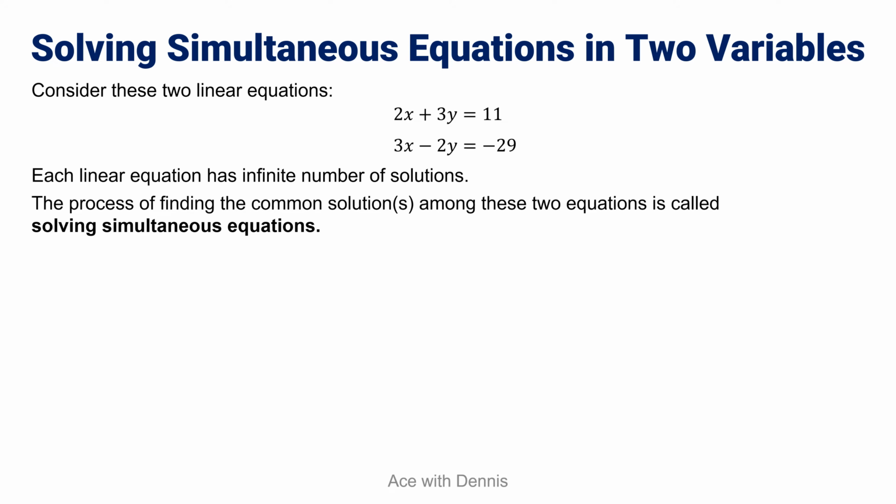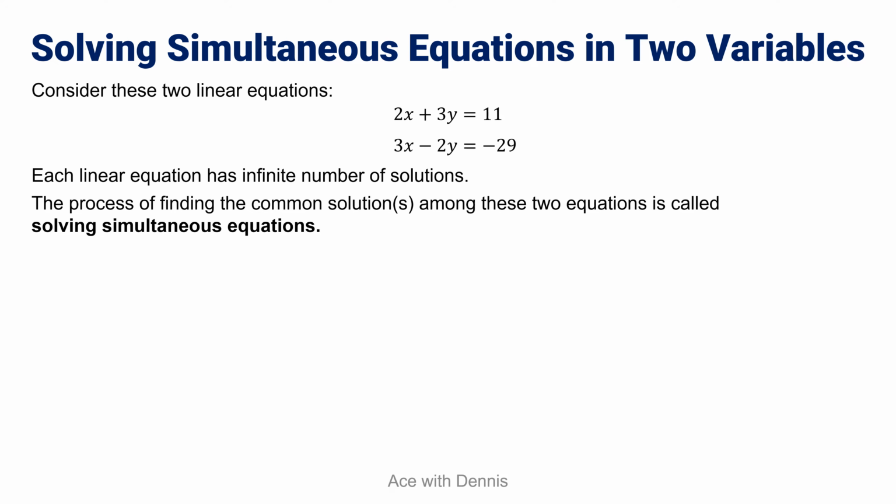Recall that in lecture 18, we solved simple linear equations in one variable, as you can see from the title of the lesson. If we have one variable, then we just need one linear equation; we can solve the equation and get the value of the variable.